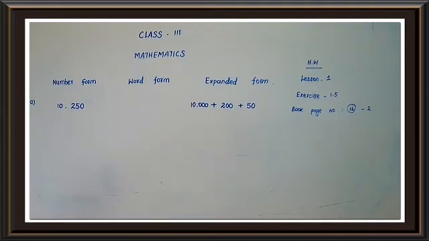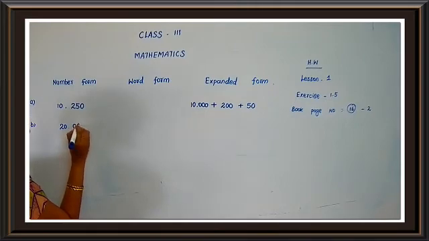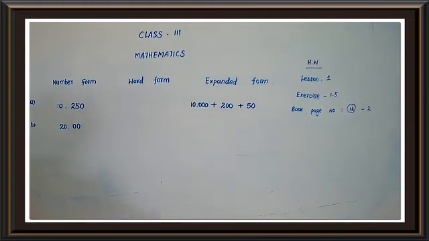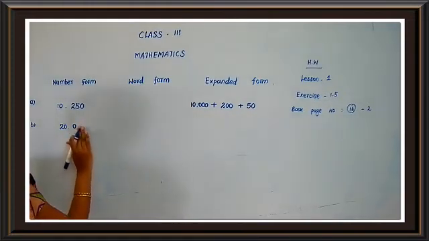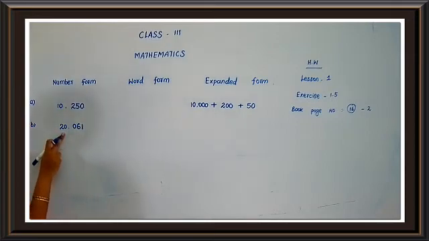Now we have to write the number form first. 20,000. They are given no hundreds values. Any tens values? Yes, 61. Tens and 1. So 20,000 and 61.